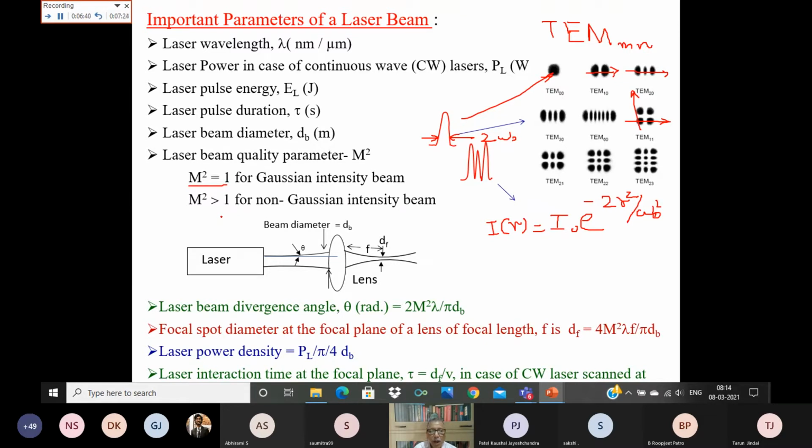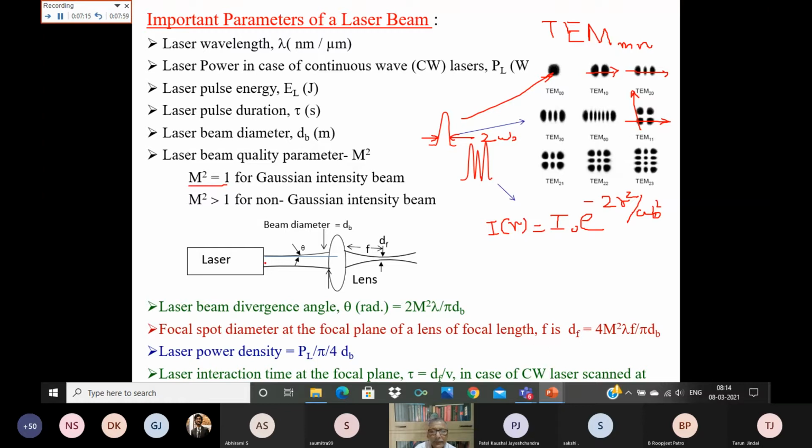Okay. So how is this going to affect laser processing? Depending upon the value of M square, that is the beam quality, and lambda of the laser beam and the beam diameter, the beam divergence of the laser is defined. So what is the beam divergence? Though we say that a laser beam is highly parallel, since the laser beam has a finite beam diameter, there is a certain finite beam divergence, which is because of the diffraction effect.